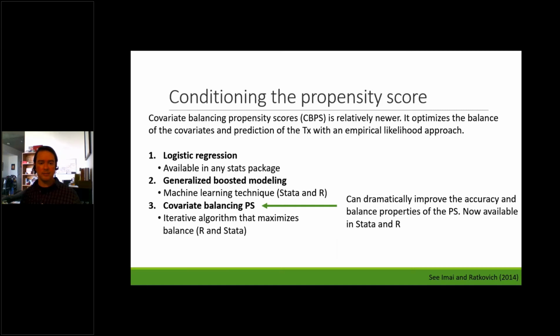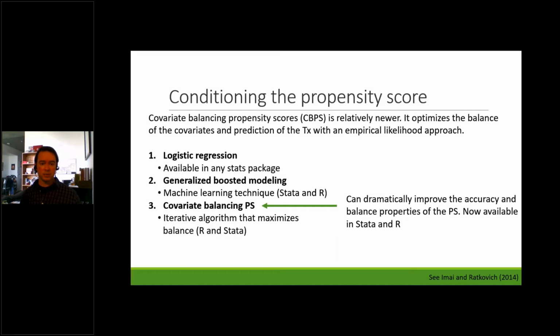We find that CBPS dramatically improves the poor empirical performance of propensity score matching and weighting methods reported in the literature. If the propensity score model is misspecified, which often is the case because there are a lot of unknown factors we can't model, the covariate imbalance or bias can result.